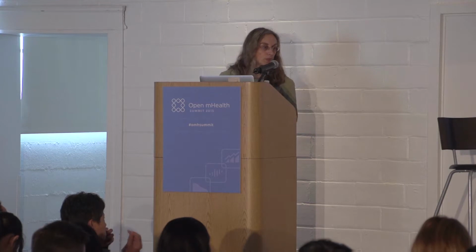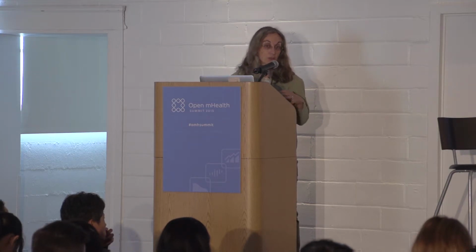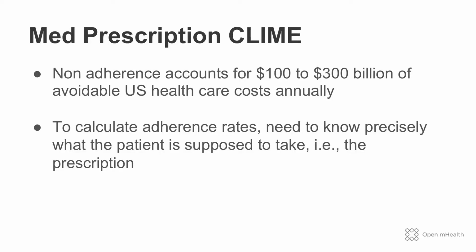So why is this problem important? Because when we move the setting from the controlled hospital to the home, then we have the person in charge of making sure that they follow the prescription. And non-adherence, which is medications not taken as prescribed, is actually a costly problem: between 100 and 300 billion dollars of avoidable US healthcare costs annually just due to this.